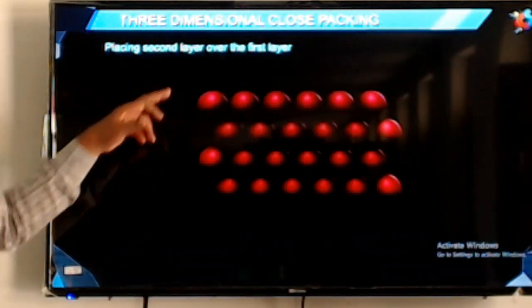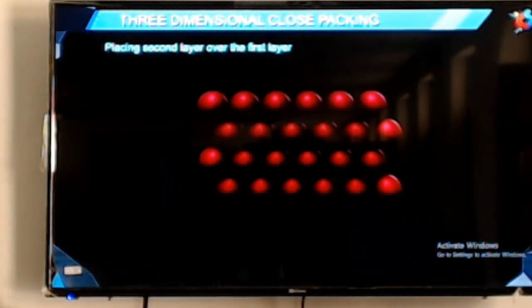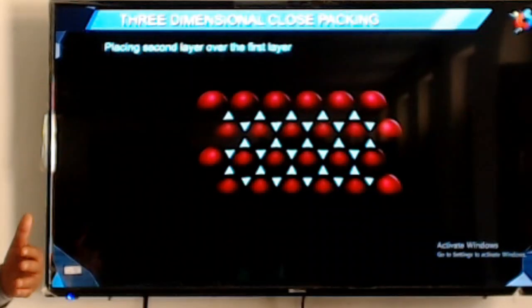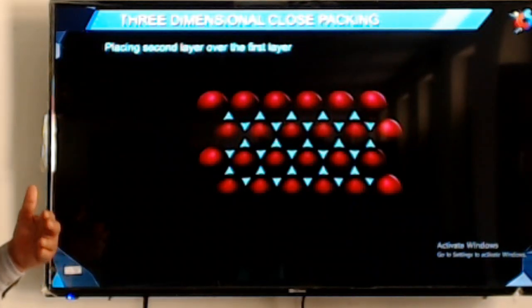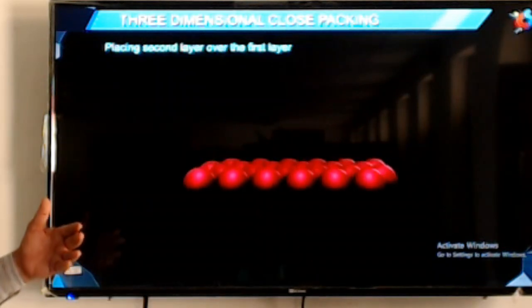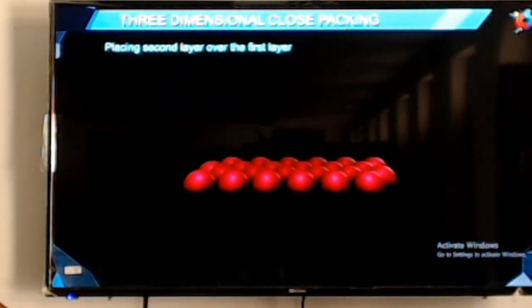So placing the second layer over the first layer, here we get two types of voids. They are tetrahedral voids and octahedral voids.